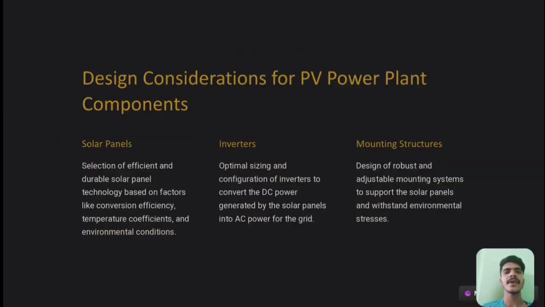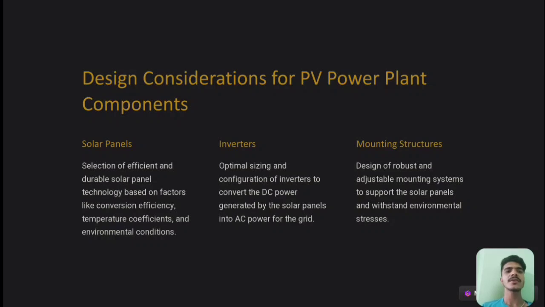Next one, design considerations for PV power plant components. Solar panels: selection of efficient and durable solar panel technologies based on factors like conversion efficiency, temperature coefficient, and environmental conditions. Next, inverter: optimal sizing and configuration of the inverter to convert the DC power generated by the solar panels into AC power for the grid.